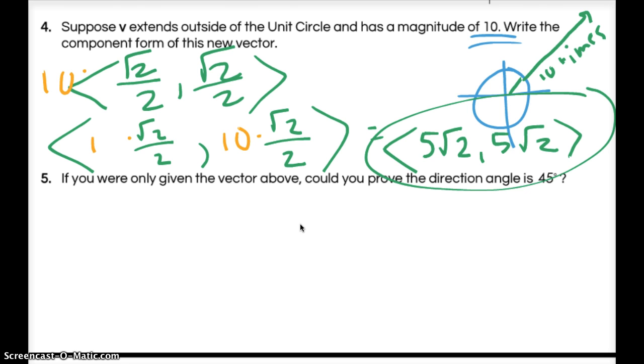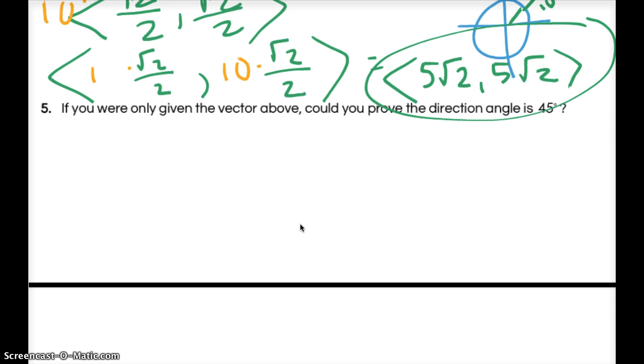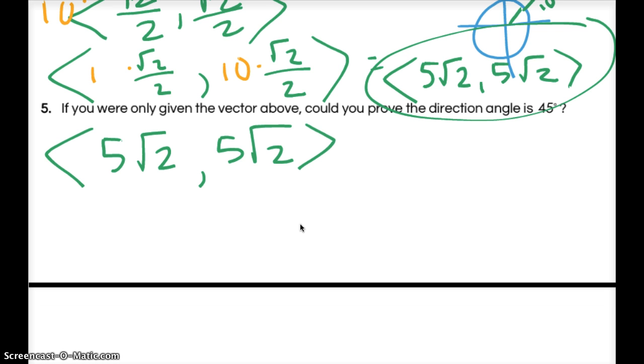Now yesterday in class I asked you, if I gave you a vector, could you graph it and tell me what the direction angle is? Would I be able to do that and prove that the vector we just came up with has a direction angle of 45 degrees? Think back to yesterday. We graphed these. So let's say this vector has a horizontal component of 5 rad 2 and a vertical component of 5 rad 2.